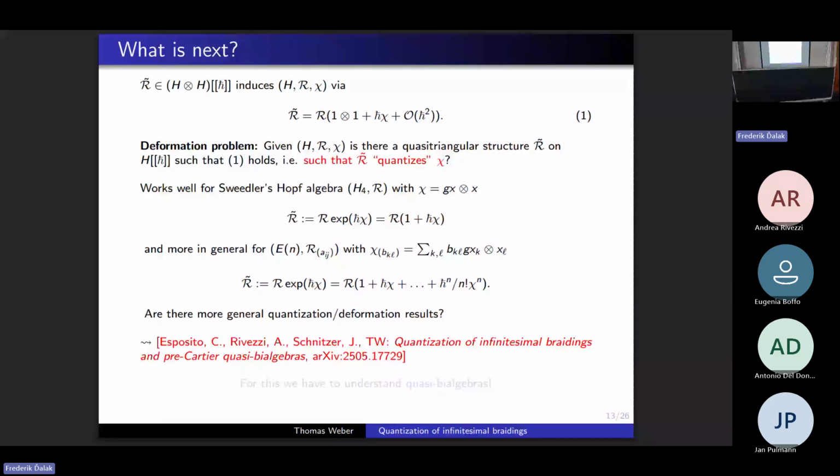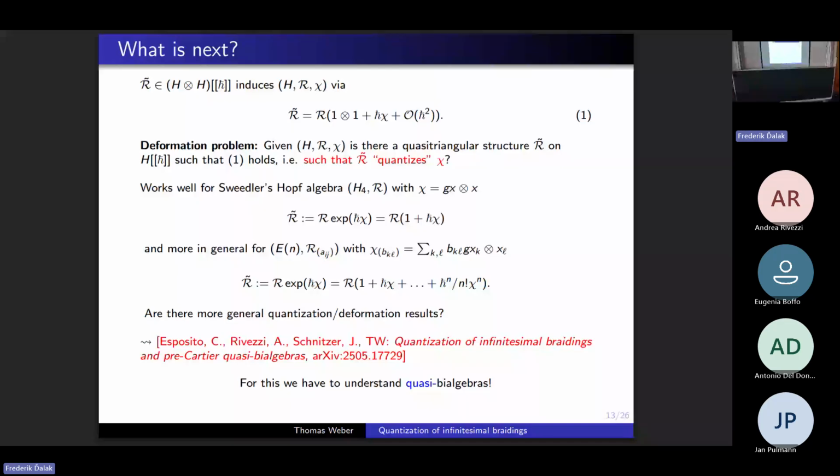But for this, the price we have to pay is we have to understand something about quasi-bialgebras. So this means these re-associators will enter, and formulas that you've seen that were already kind of ugly are becoming even more ugly. That's the price we have to pay. So bear with me, we can get through this.